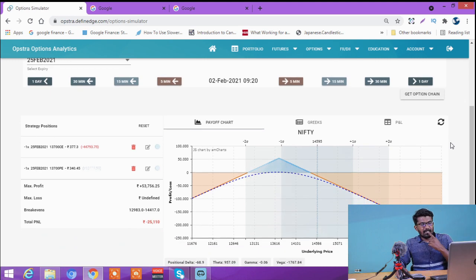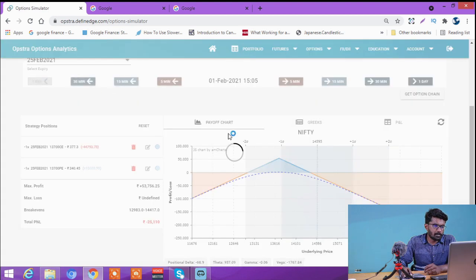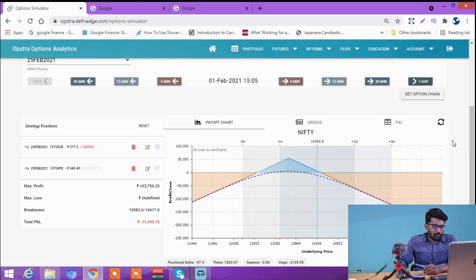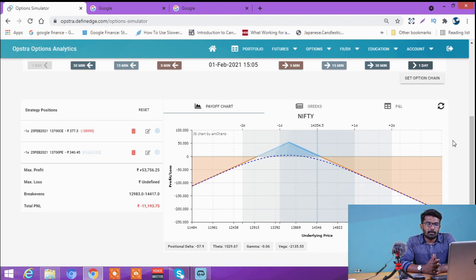The next day, I think on February 1st, the Finance Ministry delivered their budget speech, so it was a super bullish day and the market rallied like anything. So the thumb rule here is, whenever you deploy a short straddle and it breaches your break even point, either on the downside or upside, you are going to make the adjustment.